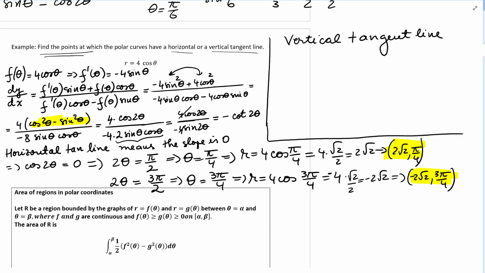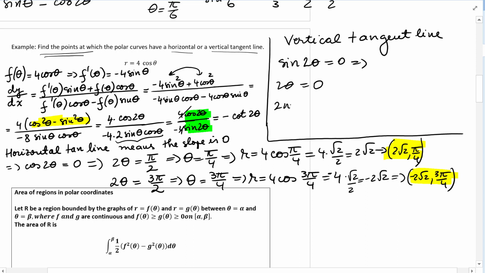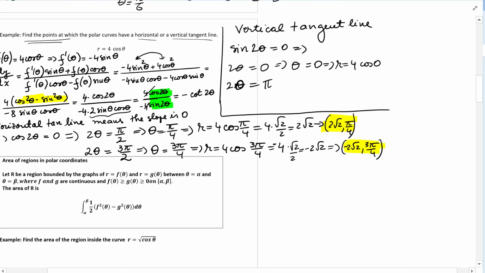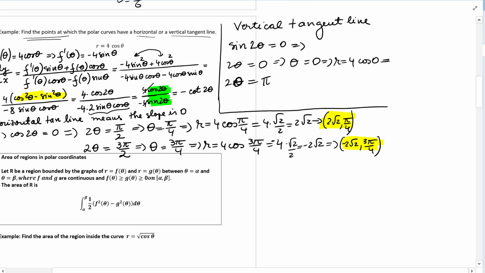Now let's talk about vertical tangent line. So we go back to the result we got for dy dx for the slope. So we get sine of 2 theta equals 0, which means 2 theta equals 0, or 2 theta equals pi. So theta equals 0 means r equals 4 cosine 0, which is 4.